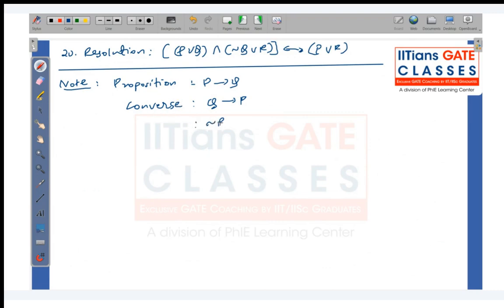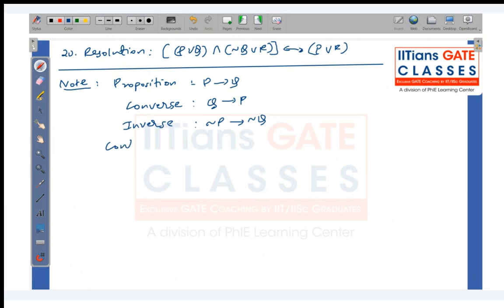And if I take negation of P implies negation of Q, then what is this one called? You guys know the names or not? This one is called the inverse.